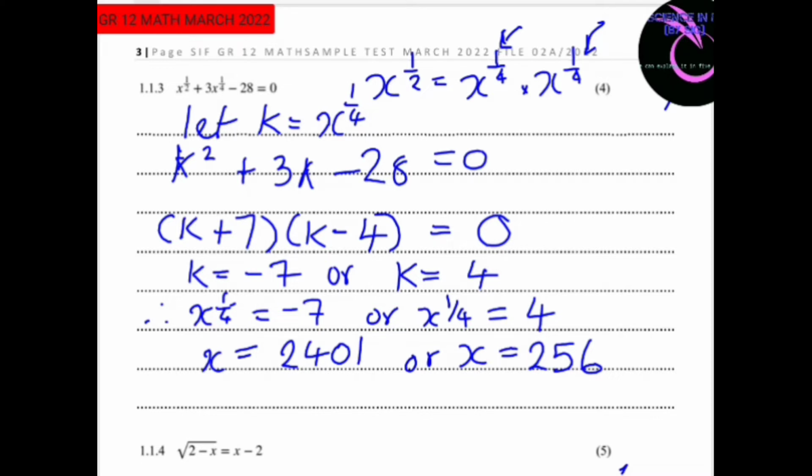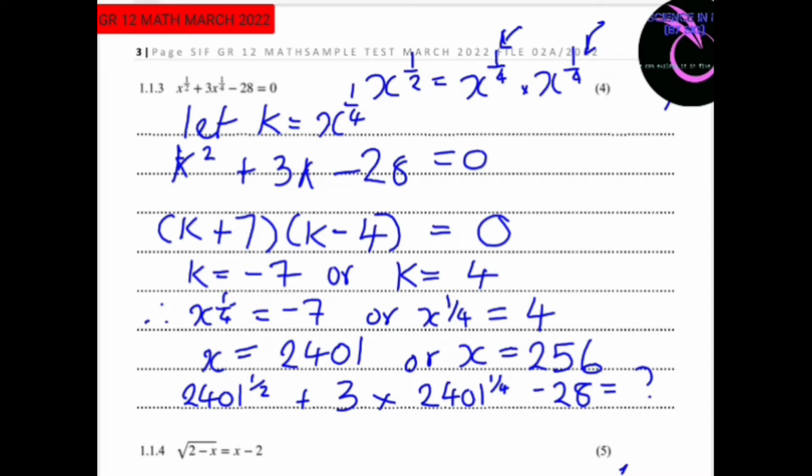Let's say for example 2401 to the power of a half plus 3 times, remember it's 3 times, not 3x, to the power of a quarter, it's 3 times 2401 raised to the power of a quarter minus 28, and see what the calculator tells you your answer is.